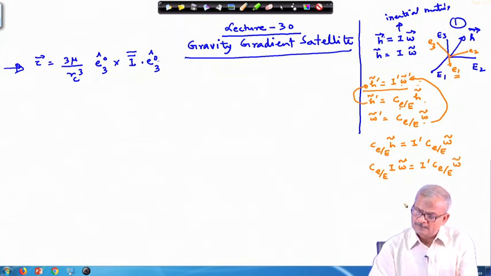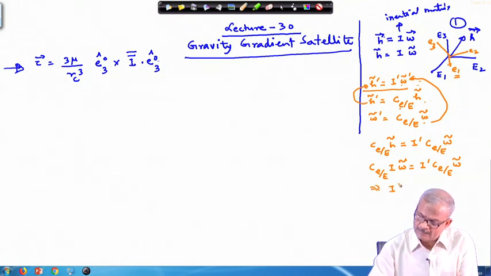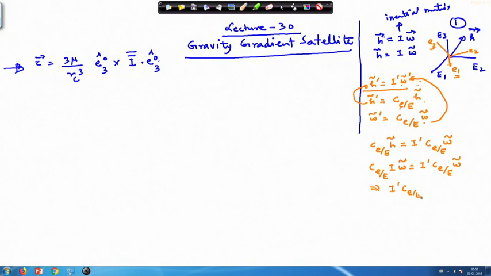So, this implies I prime C small e slash E will be equal to C times I, because omega is not a null vector, and therefore these matrices must be equal to each other.